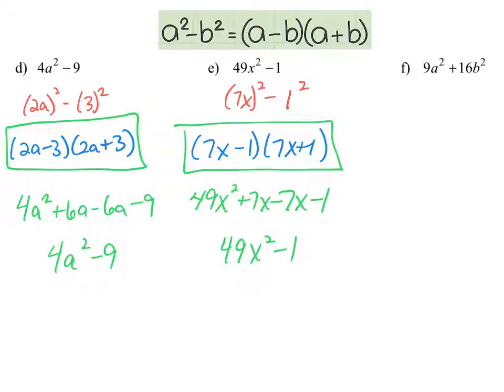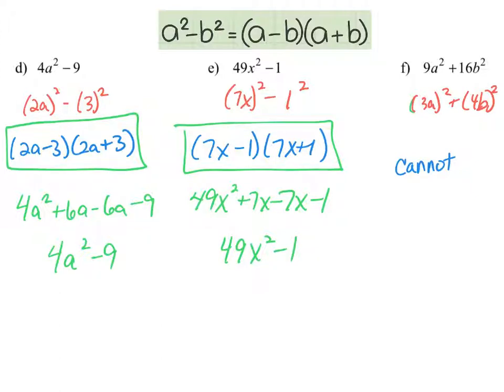In example F, we have 9a squared plus 16b squared. Now, although both of these are perfect squares, in fact, we can write them as 3a quantity squared plus 4b quantity squared. This actually cannot be factored. There is no special formula for factoring the sum of two squares.